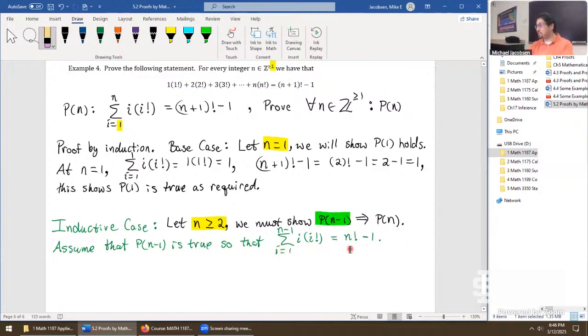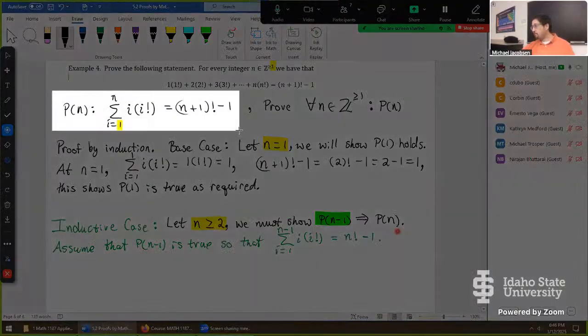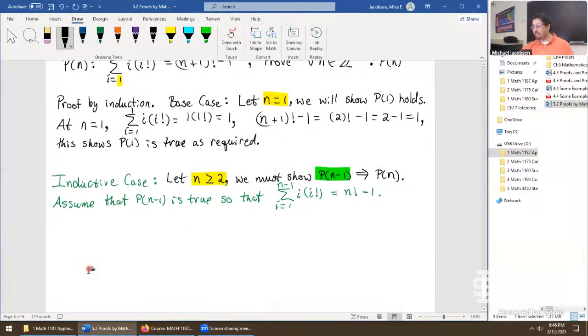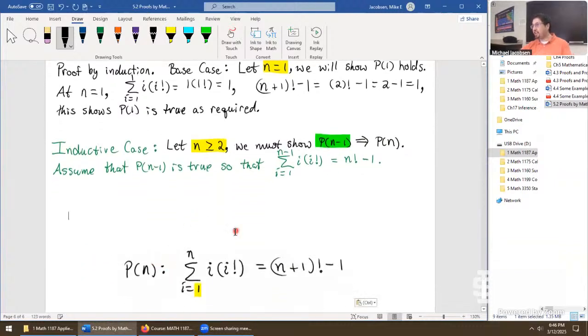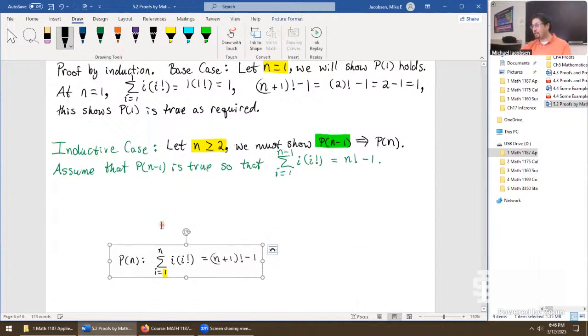That's a big assumption that the formula works at n minus 1 here. Then our goal is to show Pn is true. Because we have limited space, we're going to drop it down here. But if you were doing this as, say, a homework problem, I think the thought is you'd just be looking at the top of the page often to double check how close you're getting to this statement right here.